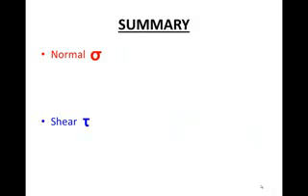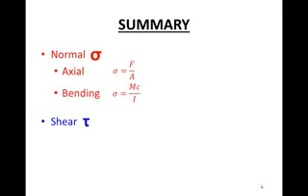Now let's summarize these two types of stresses. Normal stress is designated with the Greek letter sigma. Shear stress is designated with the Greek letter tau. Normal stress can be caused by axial loads. We calculate the stress due to those by the equation F over A. Bending also causes normal stress, and we calculate that using the equation Mc over I. Shear stress can be caused by average shear stress.